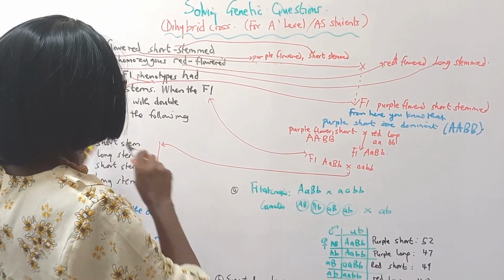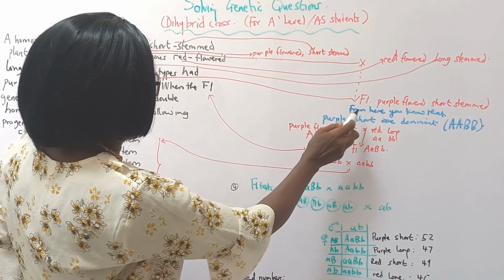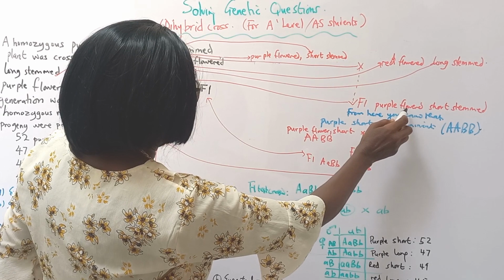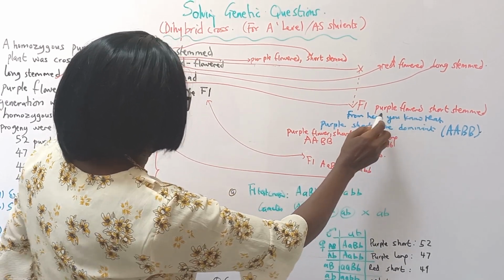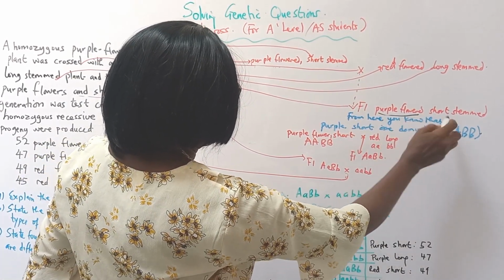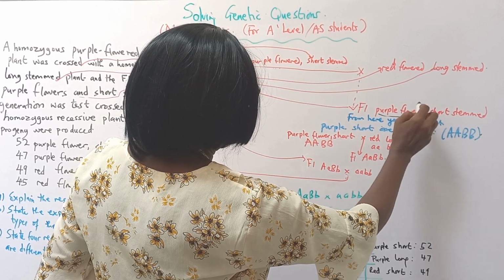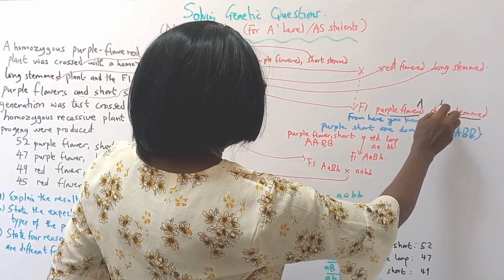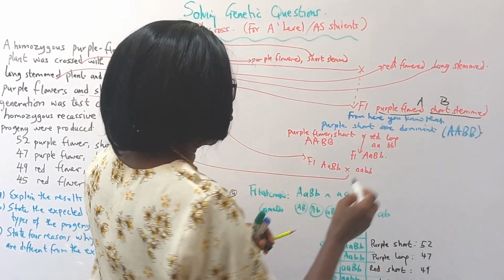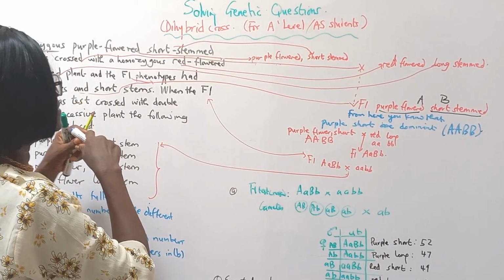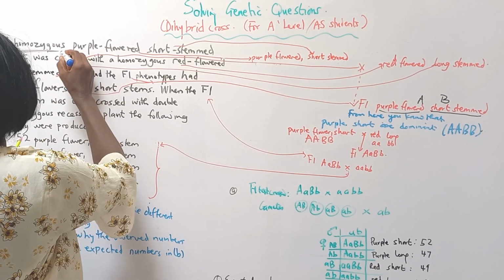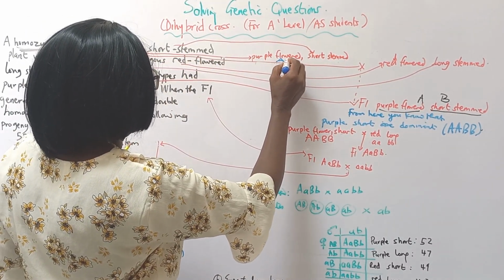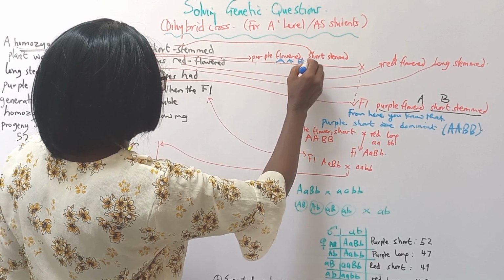When you get here, this and this cross to give this, then you should be able to write the genotypes. Because if purple flowered short stem cross red flowers long stem, and you can get purple flowered, it means purple is dominant. So we give the purple A. And it also means short stem is also dominant. So we give the short stem allele B. Because it's a homozygote, this is the genotype, AABB.